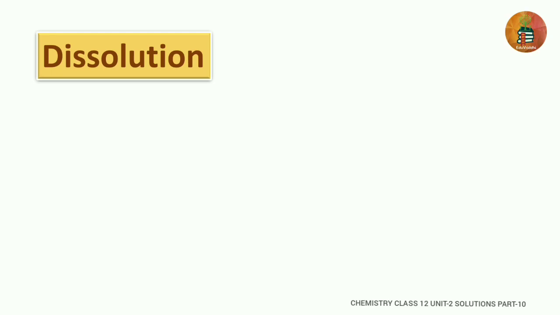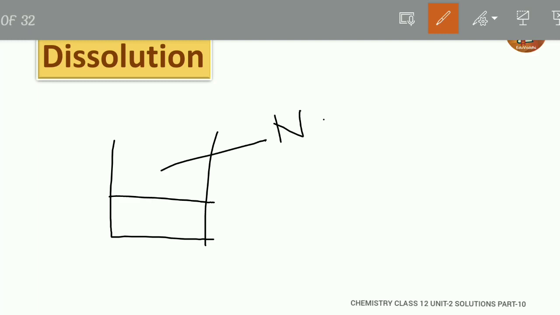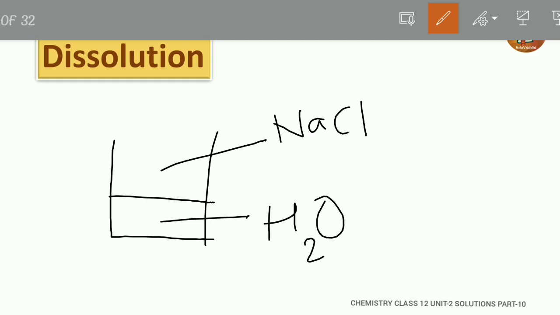Next we have to study a term called dissolution. In the topic solubility of a solid in a given liquid, we have to study a term called dissolution. Let me take a solvent to which sodium chloride salt is added. I am going to add 1 or 2 spoons of sodium chloride into a solvent, let it be water.